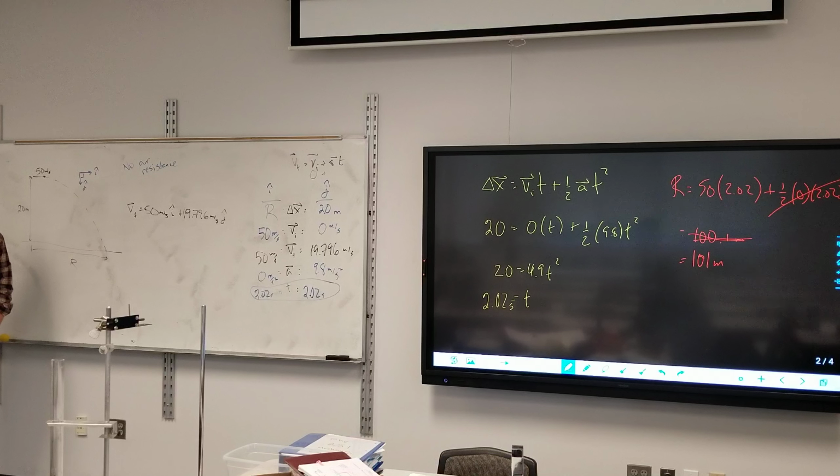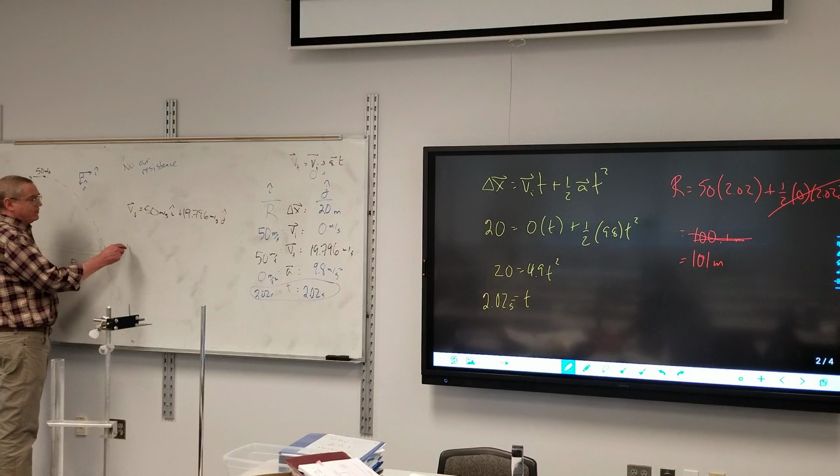What is the final speed? Well, we have two options here. We can plug into VF squared equals VI squared plus 2A dot delta x, or use the Pythagorean theorem.